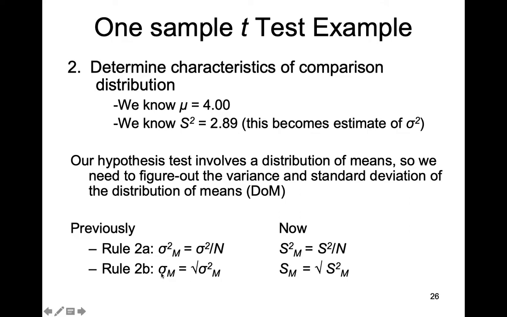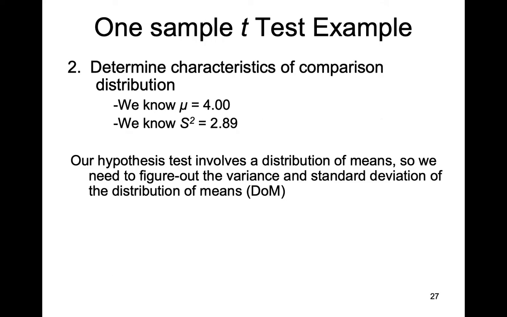So before we used sigma subscript m, we're now just using s subscript m. It is the exact same interpretation. It is a standard error of the mean, that is, about how much we expect any particular mean that we could sample from a population to differ from the expected value of 4. Exact same interpretation.